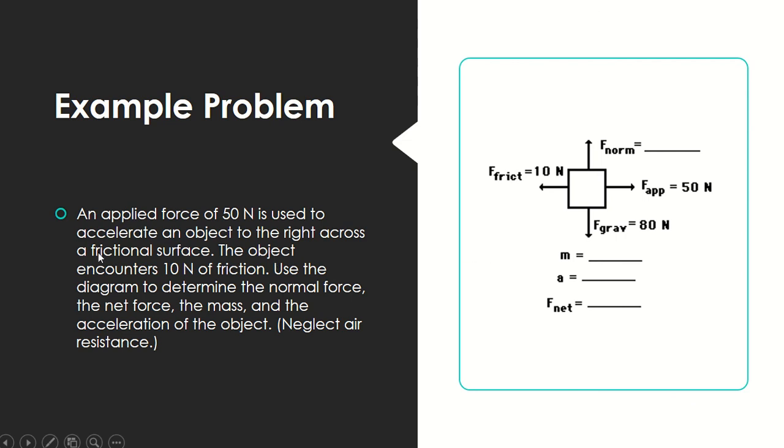Now it is a frictional surface, so there is a force due to friction. Let's just say it's on a tabletop. So use the diagram to determine the normal force, the net force, and the acceleration of the object. We're going to neglect any resistance due to air.